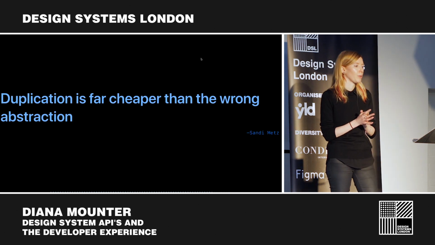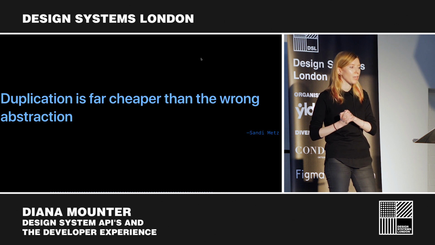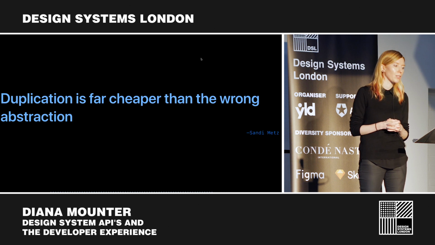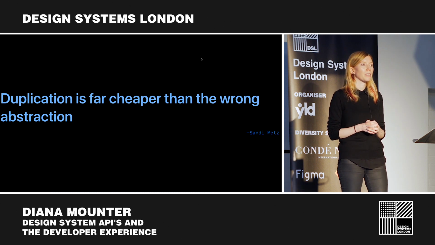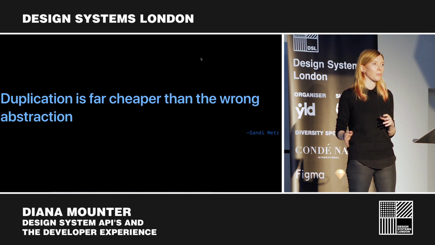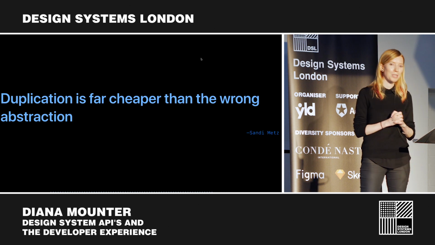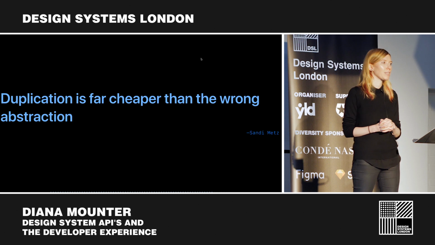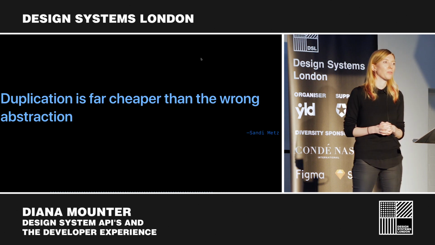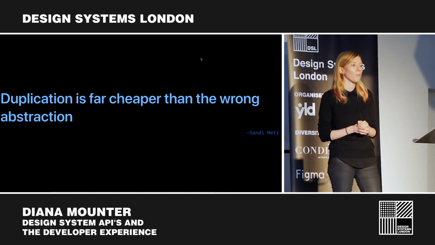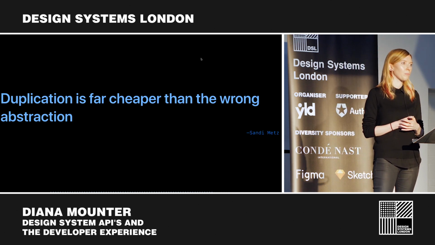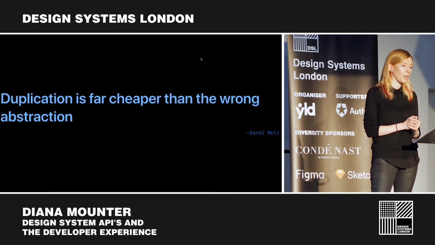Another quote from Sandi Metz: duplication is far cheaper than the wrong abstraction. It's really tempting to dry up code, and that is important for other reasons, especially with scale. But in the early stages of design systems, it can mean you shoot yourself in the foot. It can cause more problems than it solves. So be careful about when you make abstractions.